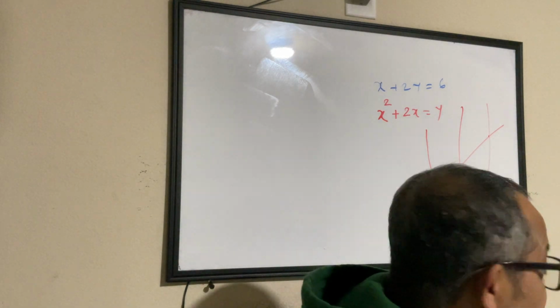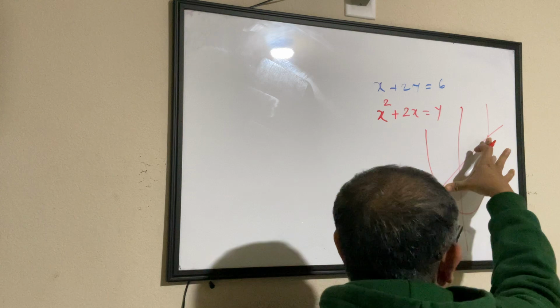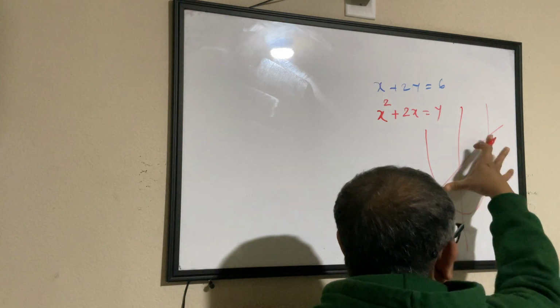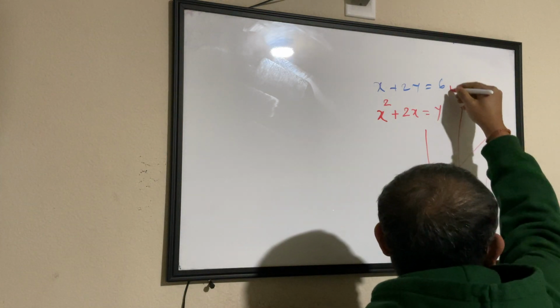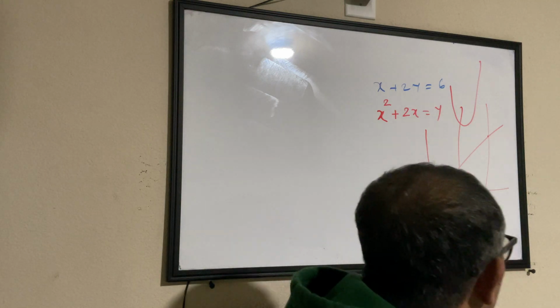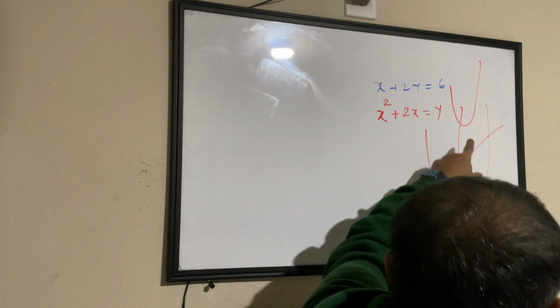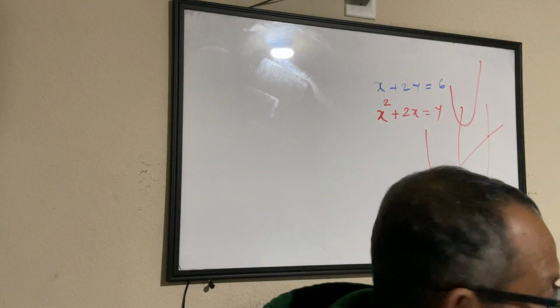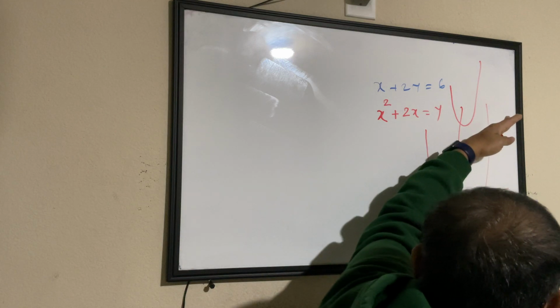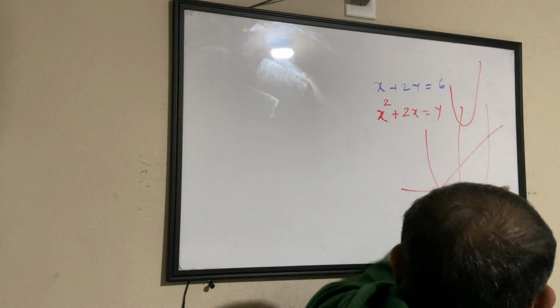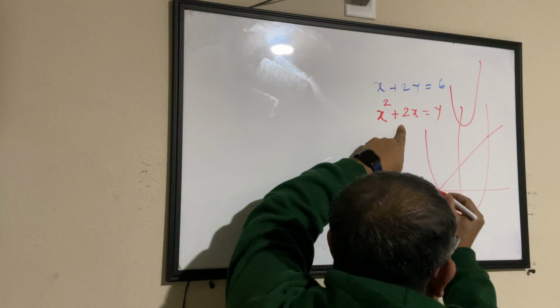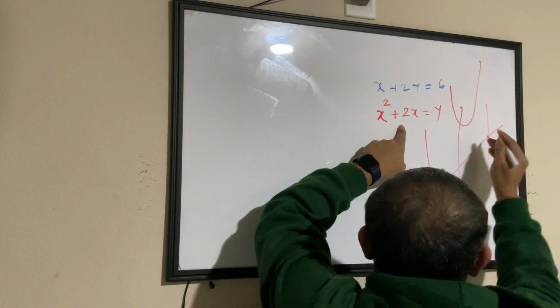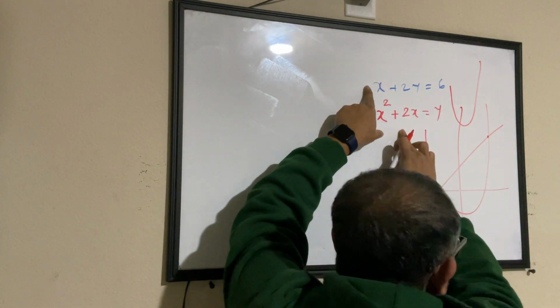It may or may not intersect, but the maximum possibility is that it intersects at two places, or if the parabola is not friends with this line, it will be drawn somewhere here and not intersect. So you are looking at different situations. One situation is when this intersects at two places, you have two solutions for x and y. So this point and this point both will give you values of x and y.